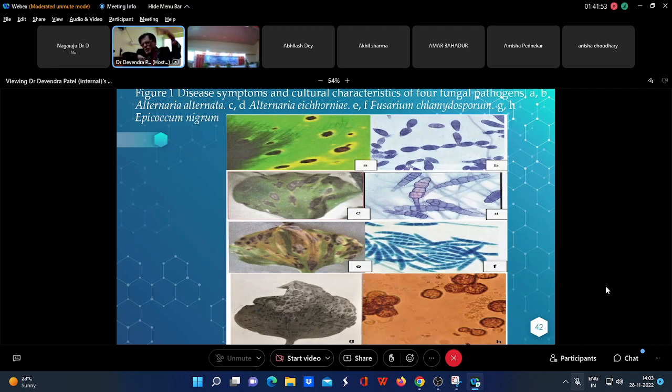This is what we call the scheme if we have to start with any organism to use as a biocontrol agent or mycoherbicide. So these are the 3 fungal pathogens which have shown activity, which can be exploited for biocontrol of the weed by use of the fungal pathogen.